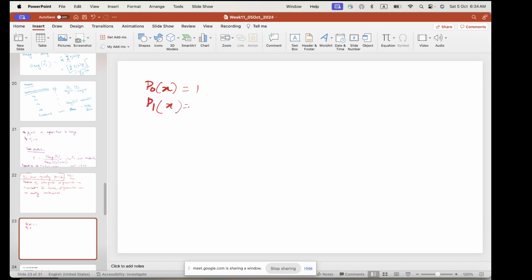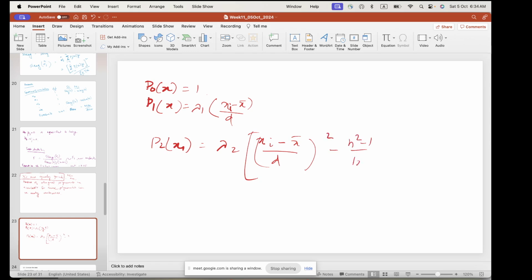If this can be ensured, then we would have p naught x equal to 1, p1 x equal to lambda 1 times (x minus x bar) by d. Then p2 is lambda 2 times (xi minus x bar by d) whole square minus (n square minus 1) by 12. p3 xi also has some form, and so on and so forth.